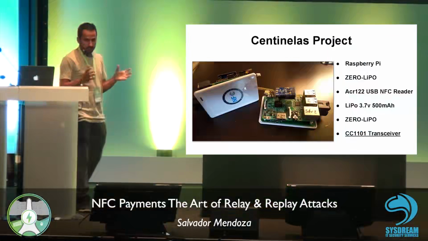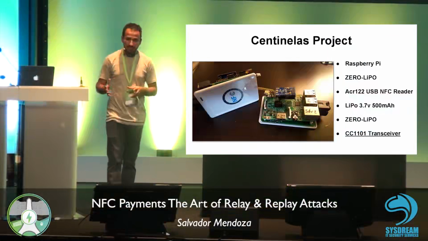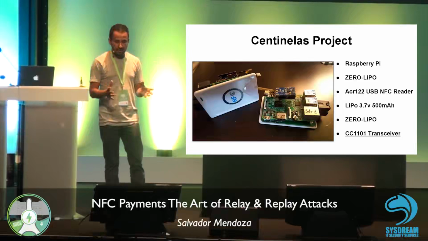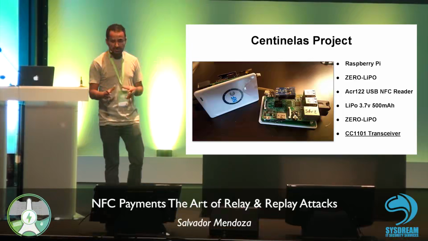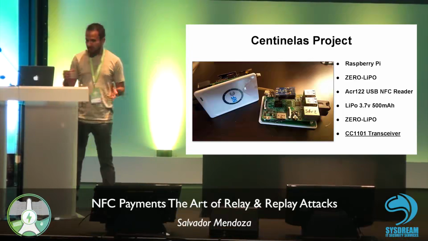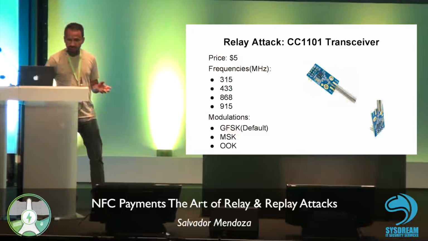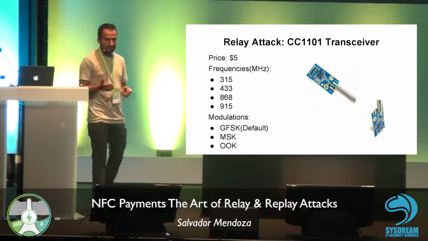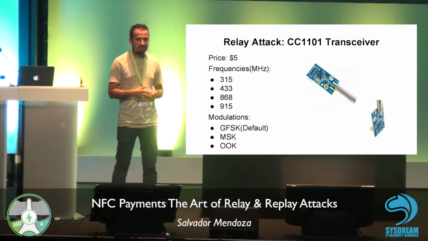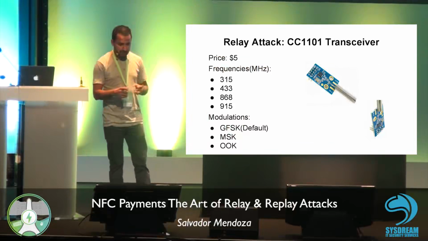This is the project. We have two devices called Sentinelas, which are basically the same hardware as for the replay attack, but I added the CC1101 transceiver, which is a cheap SDR that you can find on eBay. I'm not buying it or using it because it's very powerful.